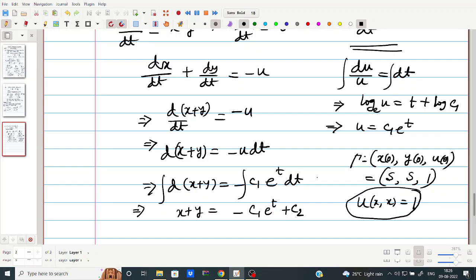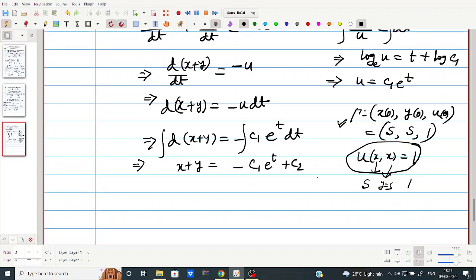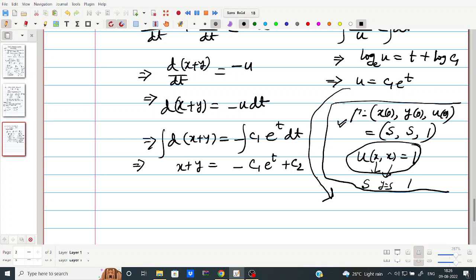Okay, so what I get: I put t equal to 0. So u(0) equal to 1 implies, putting t equal to 0 in this equation, 1 equal to c1 times e^0.